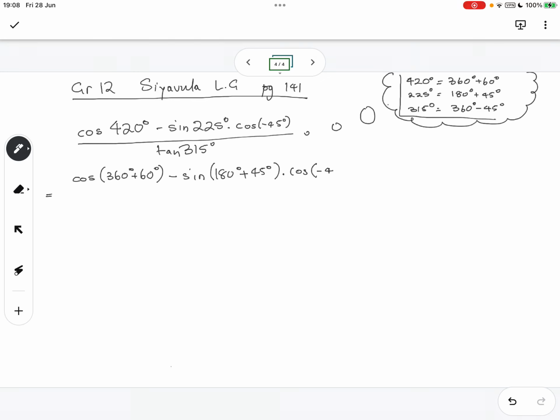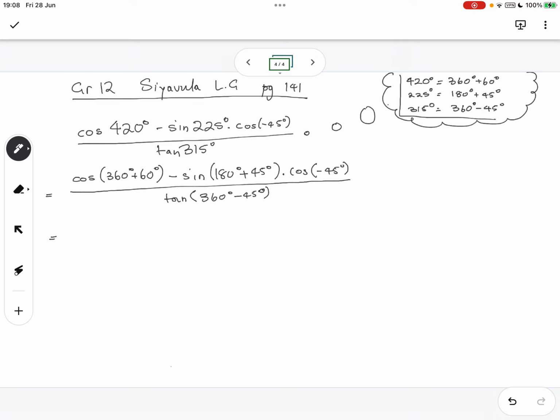I'll just leave it as cos of negative 45 degrees for now until we have reduced all of the angles and changed all of the trig ratios. So tan of 315 becomes the tan of 360 minus 45 degrees.